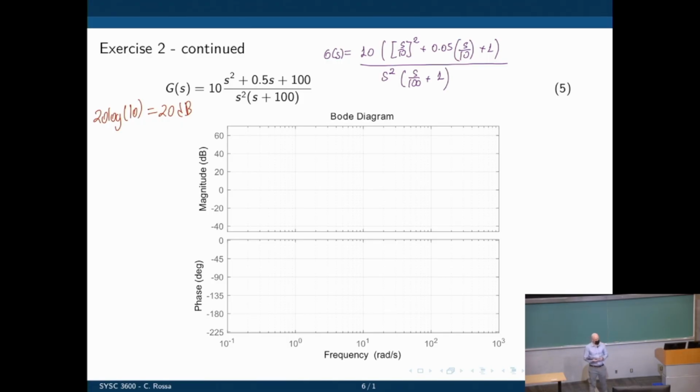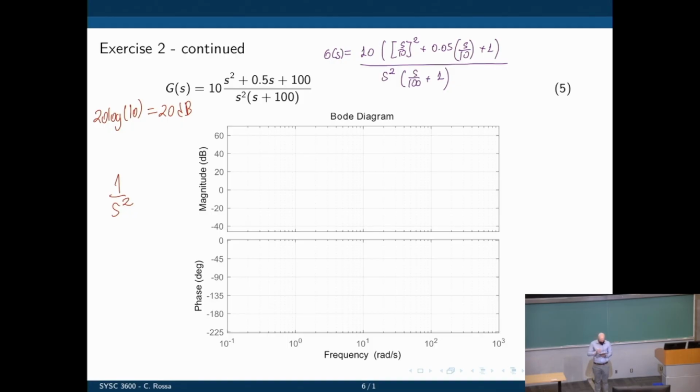So let's assume that we only had 1 over s squared to start. We are to the left of all zeros and poles. The only thing left there is 1 over s squared, and of course, the gain. We'll deal with the gain later. So if you only had 1 over s squared, how would the Bode plot look like?